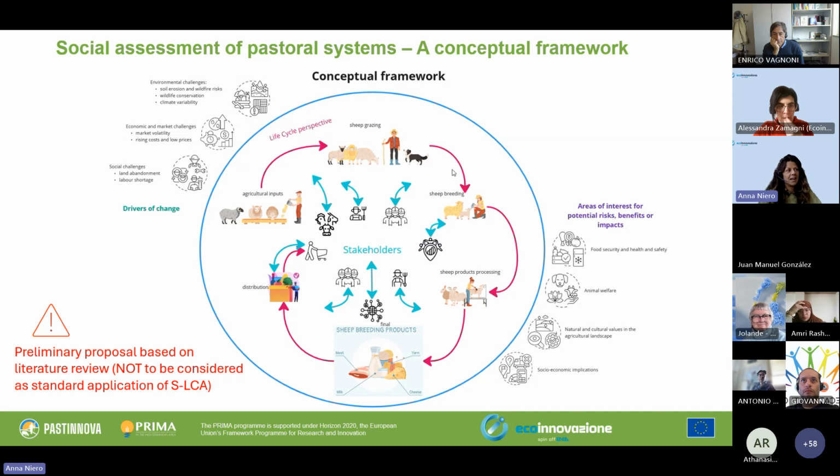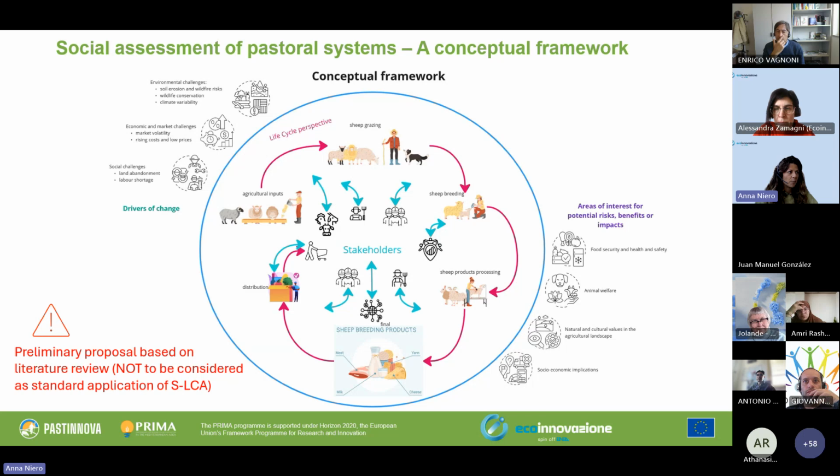We now focus on sheep as an example for the extensive pastoral system, but of course we could reason about different animals. Then we have the sheep breeding, the sheep products processing and the production of the final products, so meat, cheese, milk, and so on. And then we identified the stage of distribution and the consumption stage.